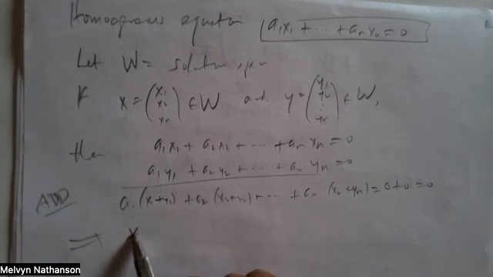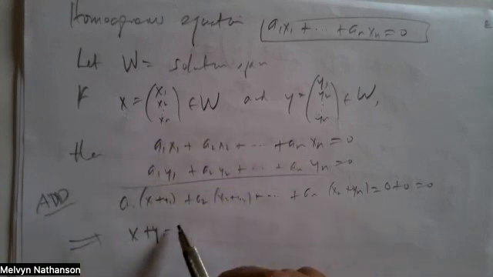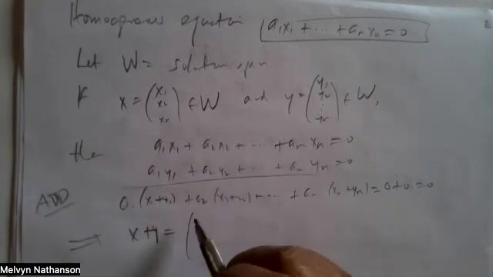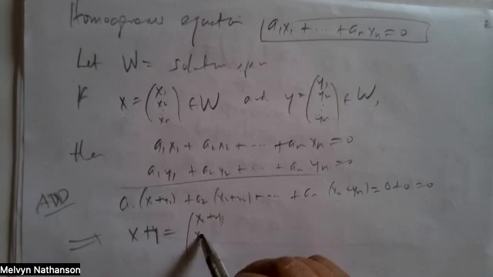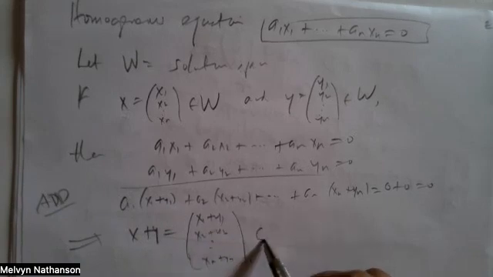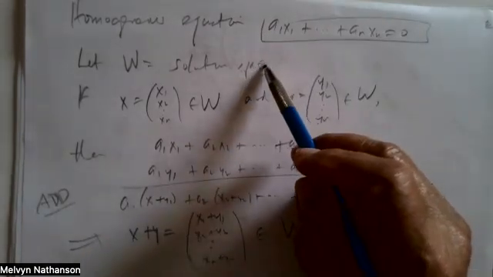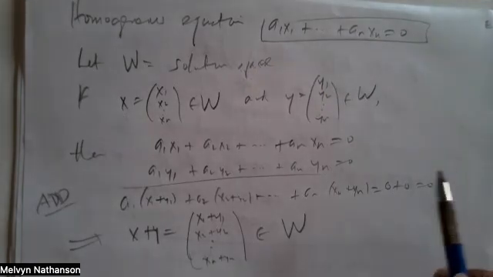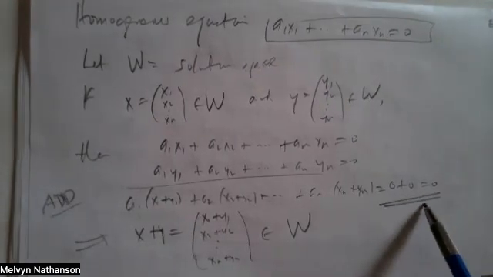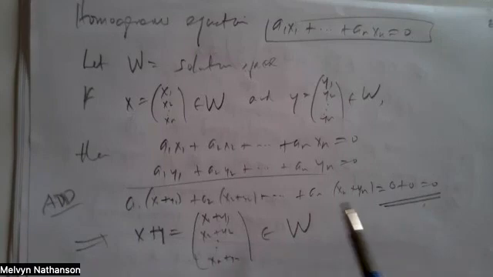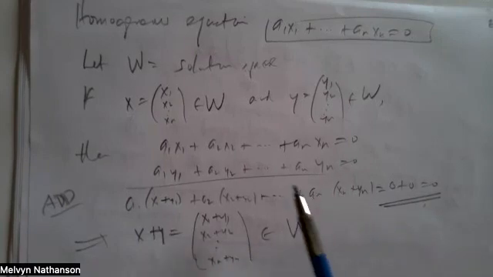Which means if I take the vector x plus y, so the sum of two vectors is the vector you get by adding their coordinates, x1 plus y1, x2 plus y2, down to xn plus yn, this is also a solution. So if you look at the solution space of a homogeneous equation, because 0 plus 0 equals 0, this is the crux of the matter, the sum of two solutions gives another solution.